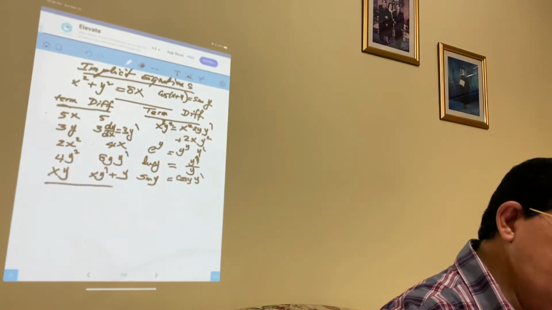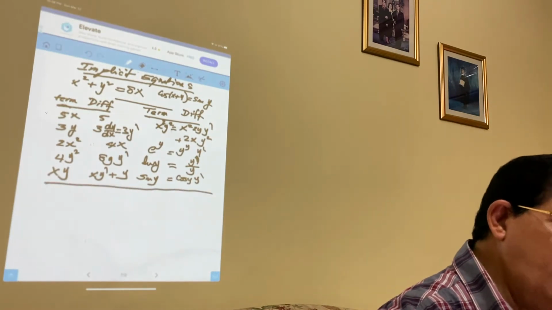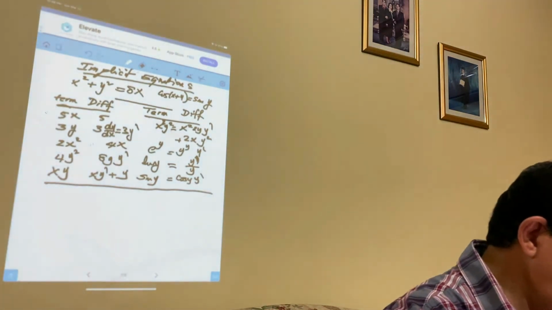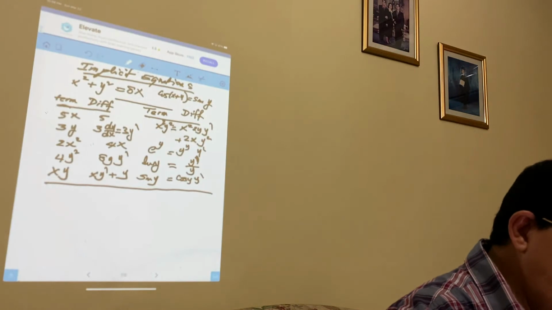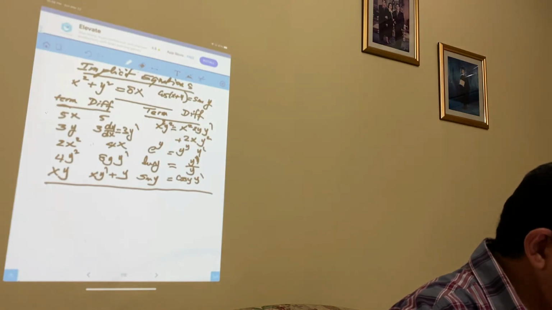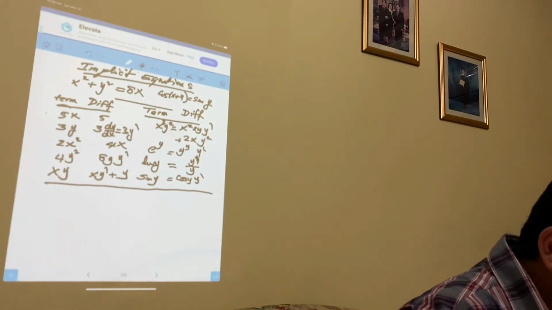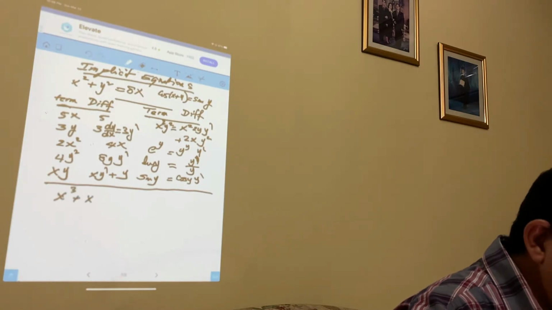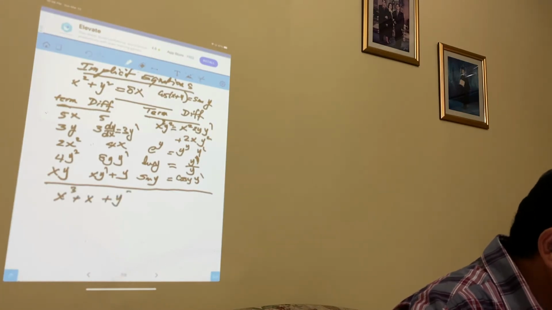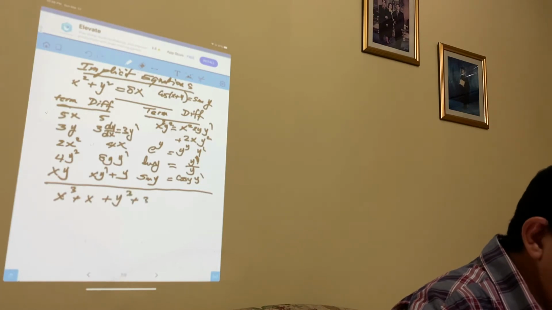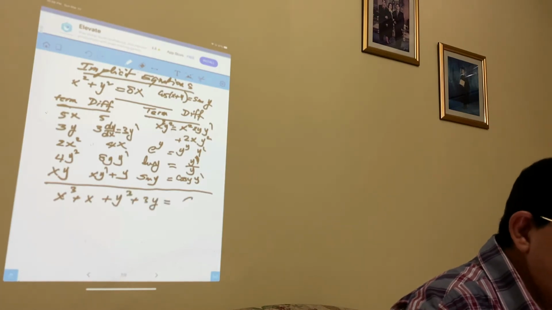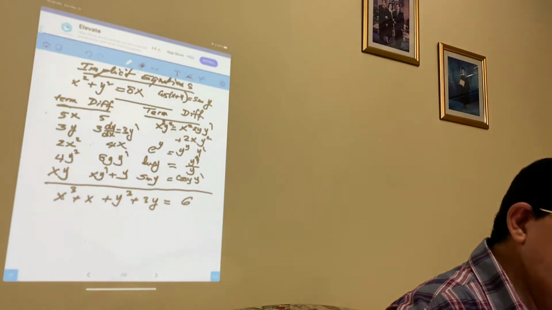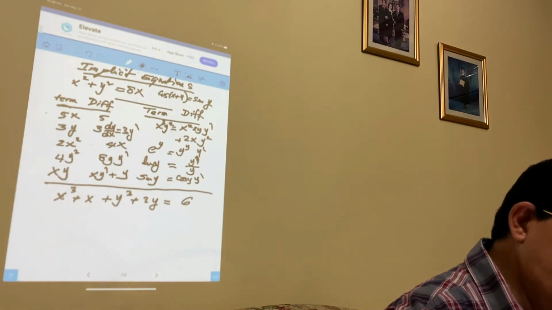Then what are we going to do? The following example will tell us. We have the equation x cubed plus x plus y cubed plus 3y equals 6. And we wanted to get dy by dx.